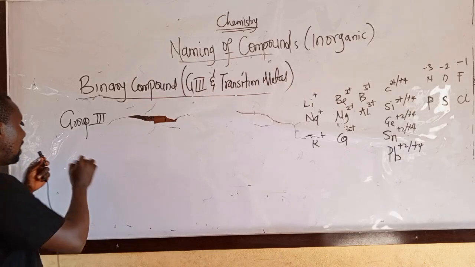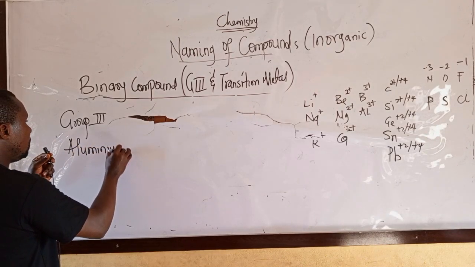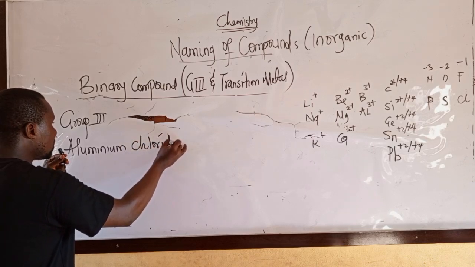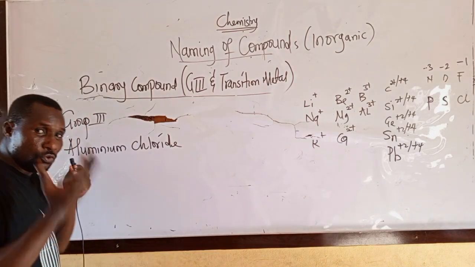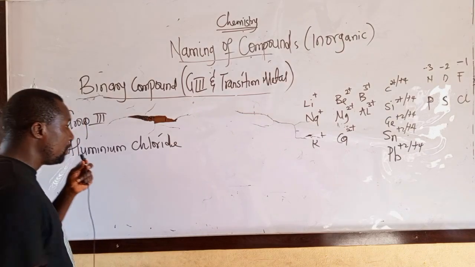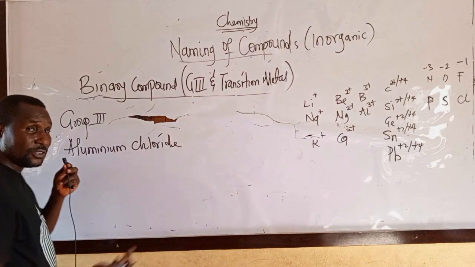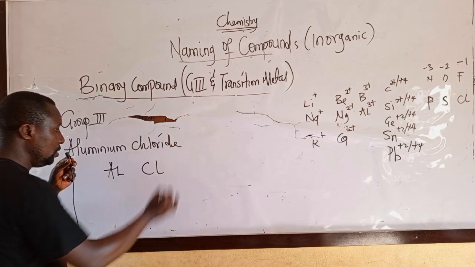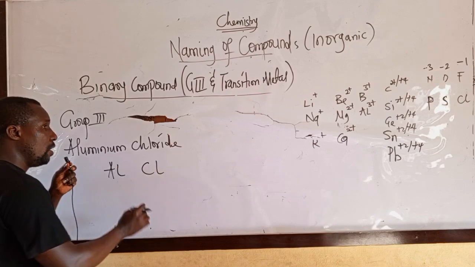That means when you have aluminium chloride, if you were asked to write the chemical formula of aluminium chloride, the rule is still that when two elements combine together to form a compound, the last element carries IDE. From here, you know that there are two elements, which are aluminium and chlorine. And you know that aluminium is group 3.